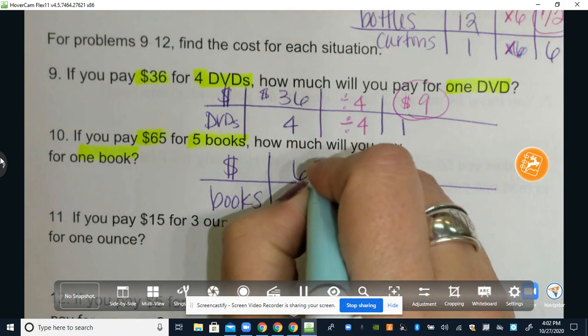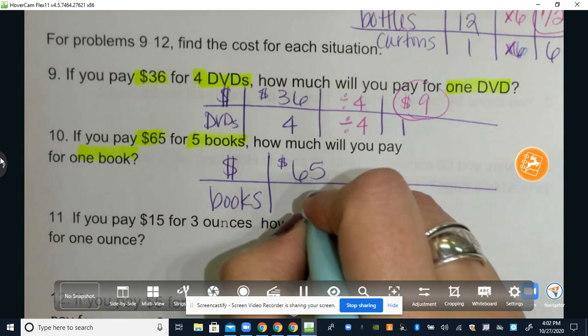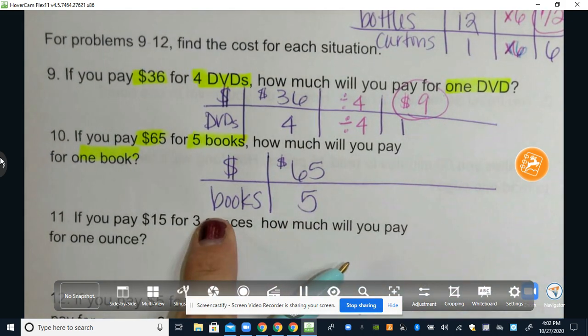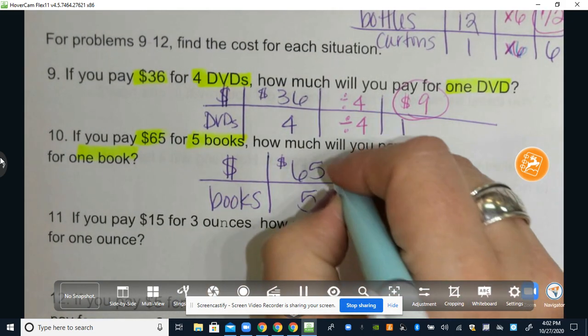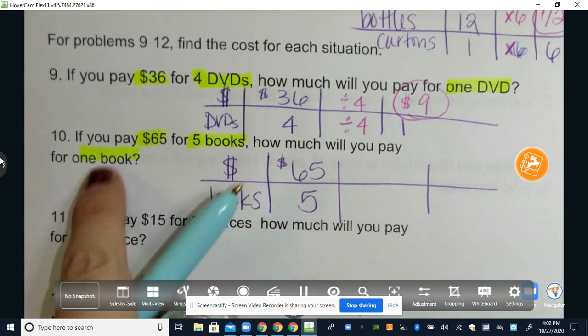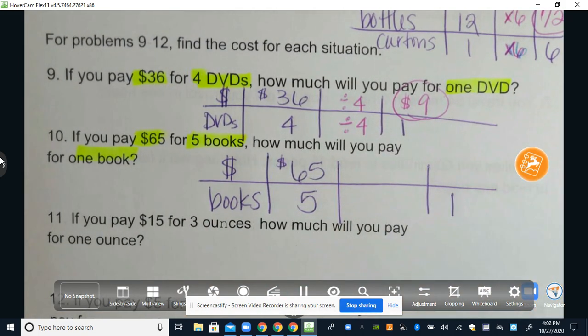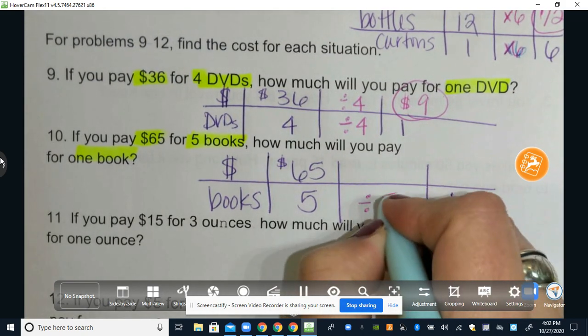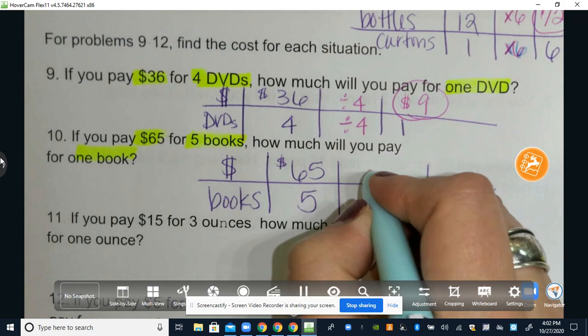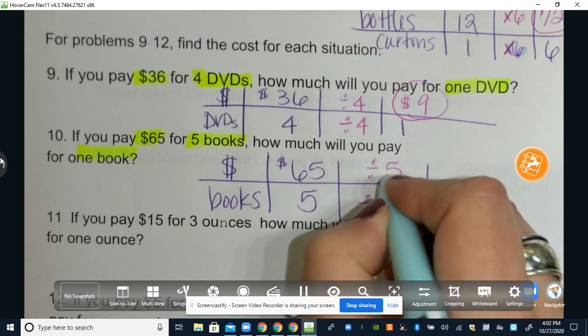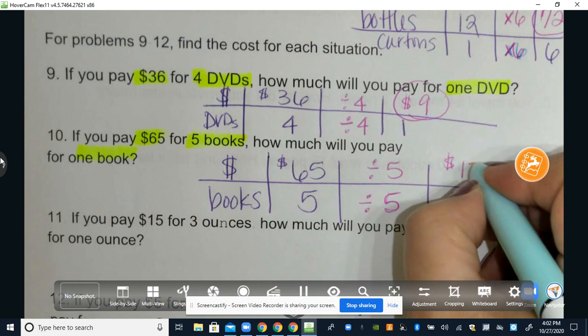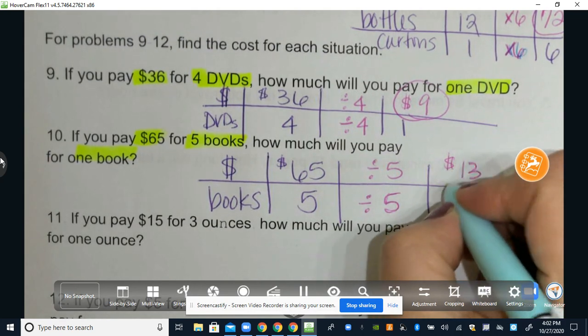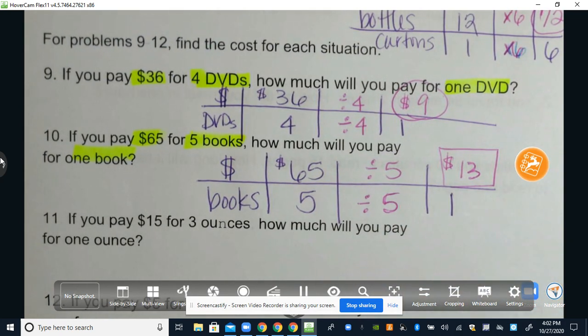I paid $65 for 5 books. 5 goes with books, 65 goes with money. How do I go from 5 to 1? I can divide by 5, and I divide by 5 to the top. Now we get a total of $13 per book.